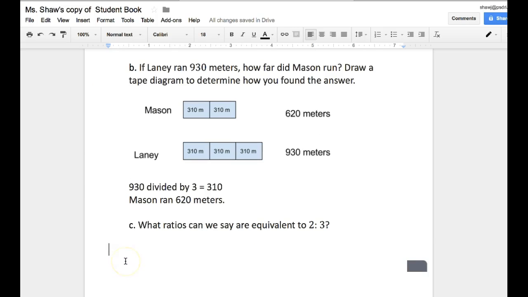Well, very good. The ratio that's equivalent to 2 to 3 is 4 to 6. And then, yes, 620. I know it's a big number, but it can be a ratio. 620 to 930. Those ratios are equivalent.